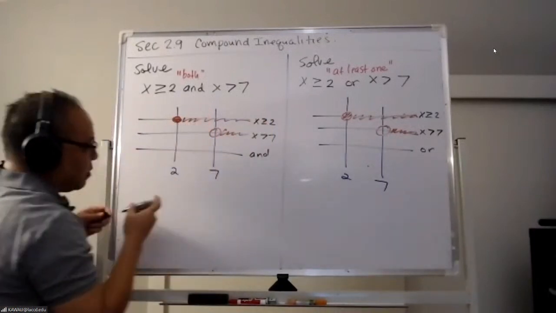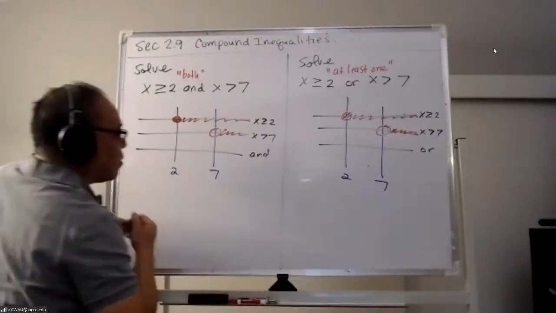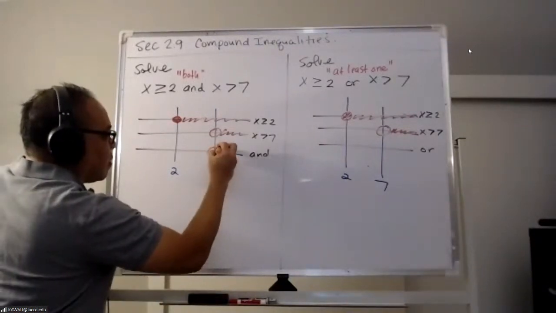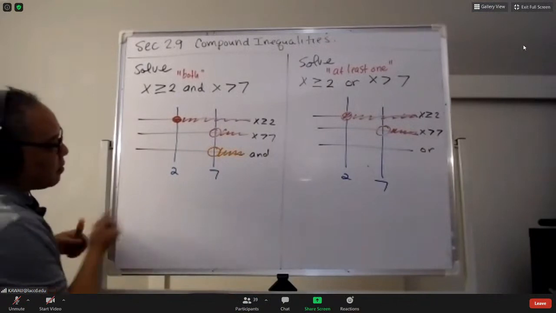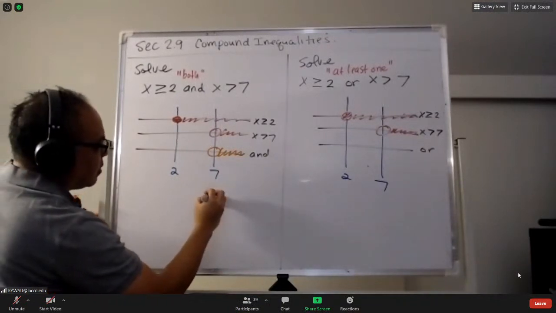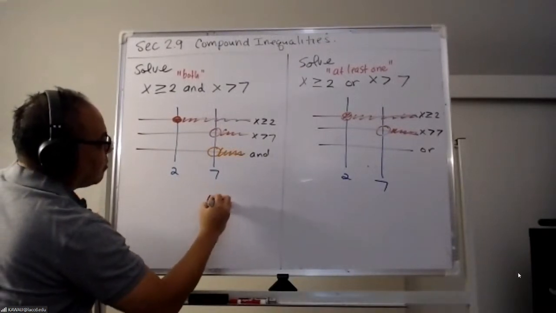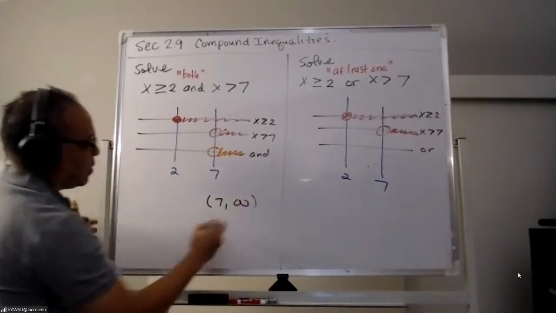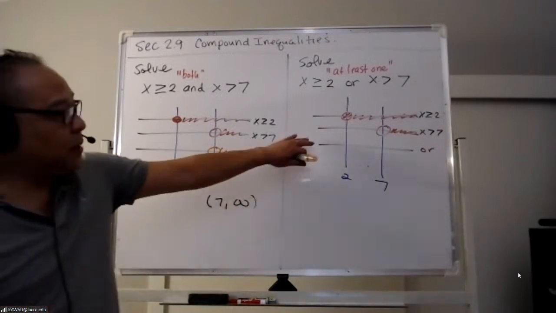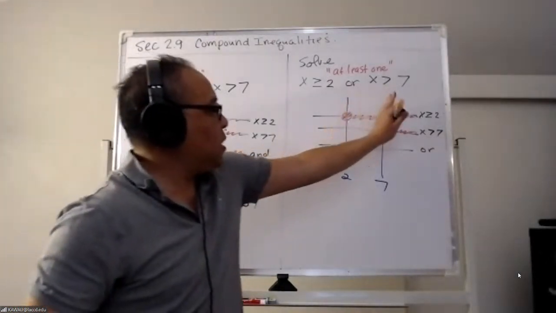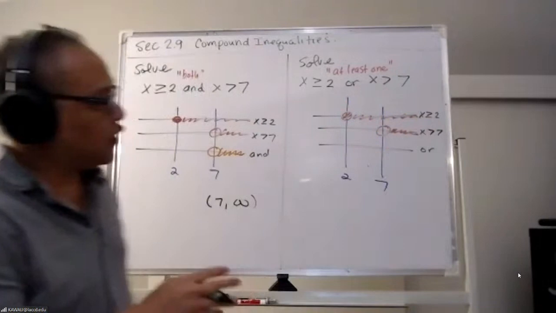So over here, so then our answer is 7 comma infinity.